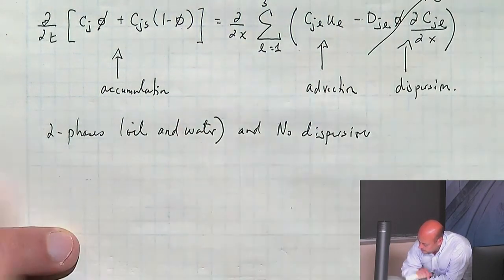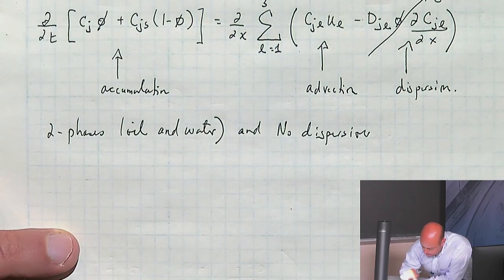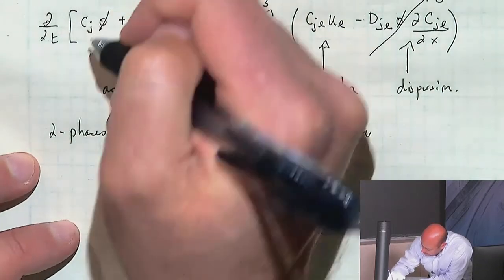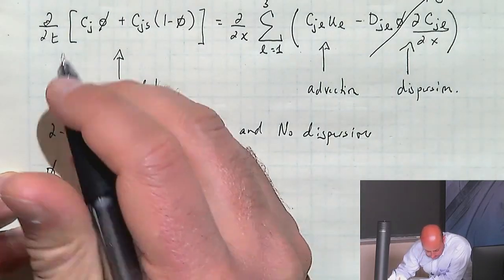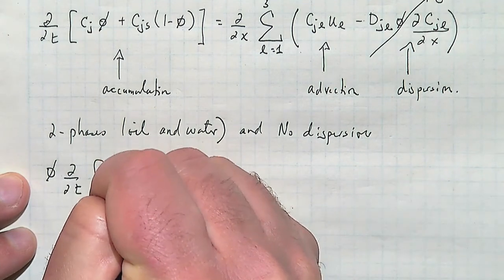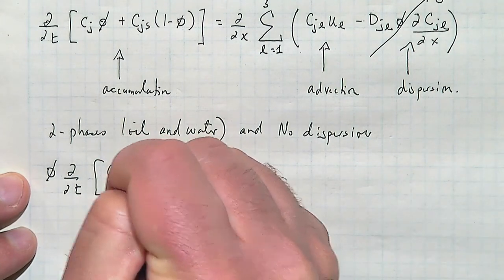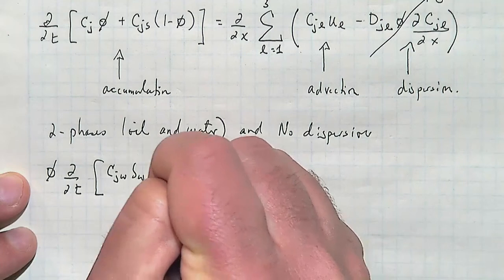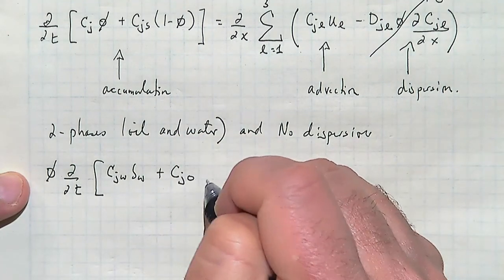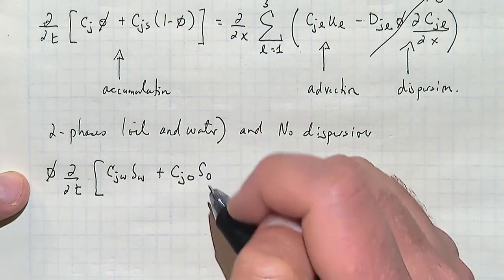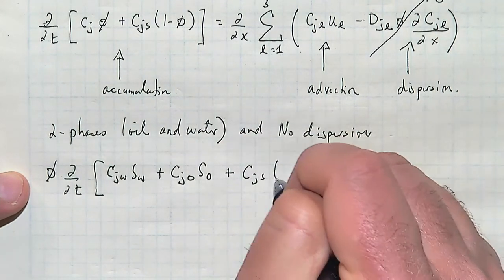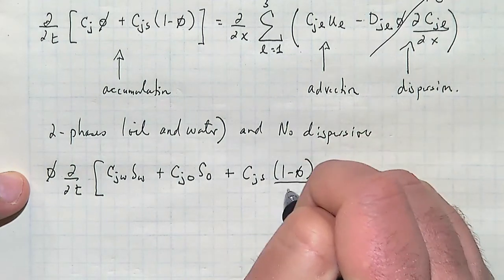There's only 2 phases, so we can expand that. And maybe we want to expand Cj. We could say that the porosity is constant, so phi, partial with respect to t, of Cj, which is Cjw times the water saturation, plus the concentration of component J in the oleic phase times the oleic phase saturation, plus Cjs times 1 minus phi divided by phi.